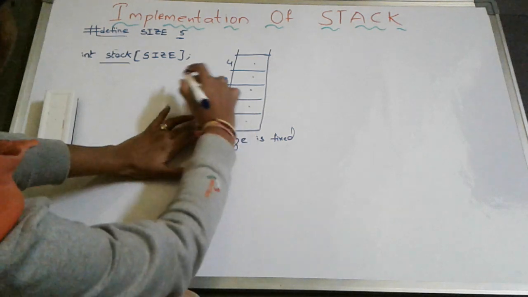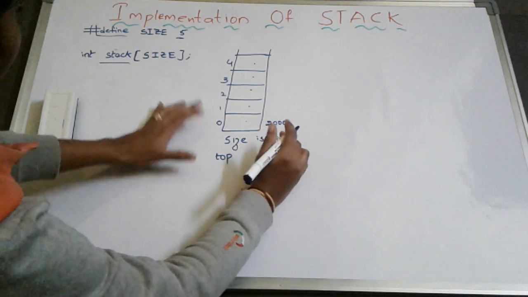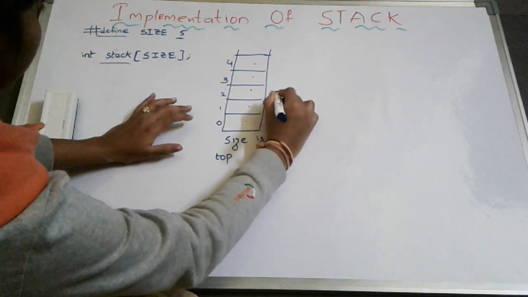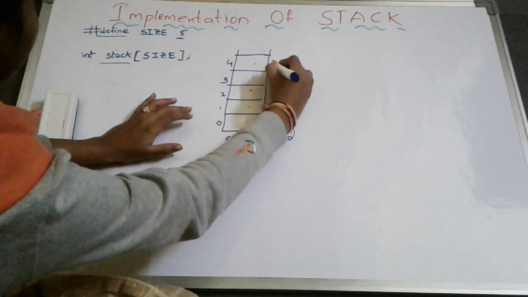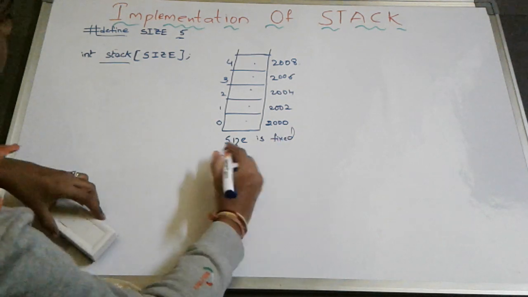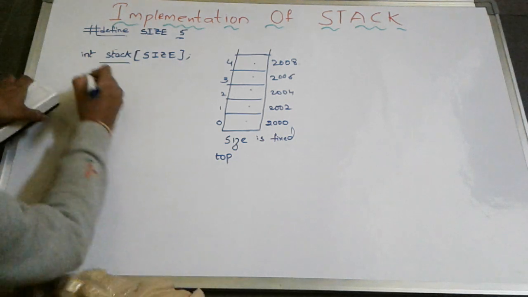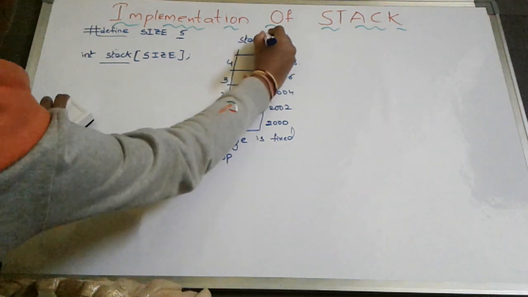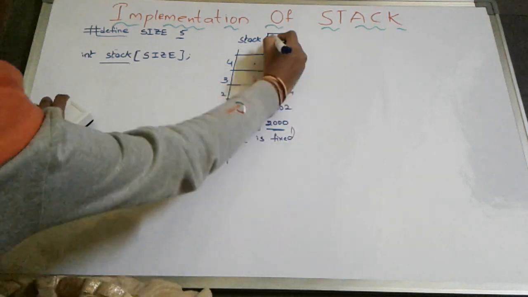Let the address of this stack be 2000, then 2002, 2004, 2006, and this is 2008. An integer occupies 2 bytes of memory in C. So the stack variable contains the initial address, that is 2000.